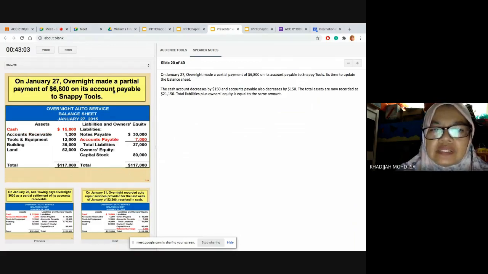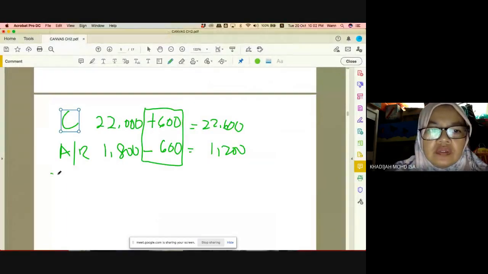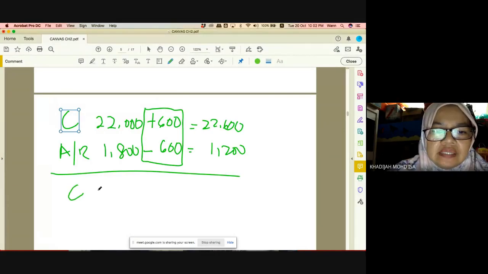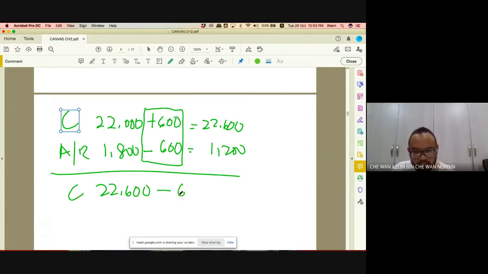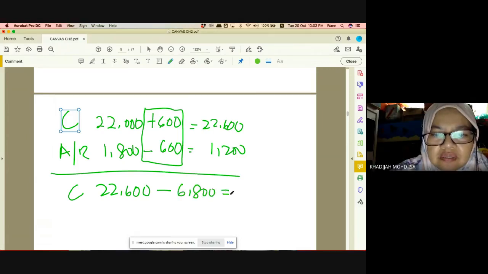So what happened now is that your cash initially was 22,600. Now you pay, so cash decreases by 6,800.